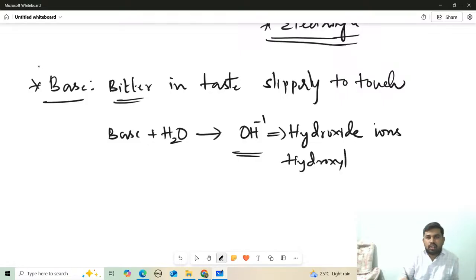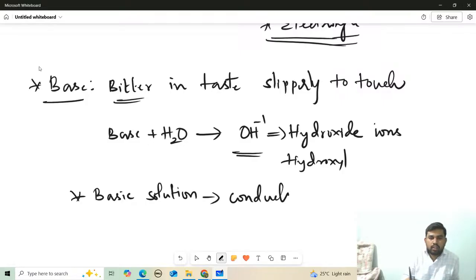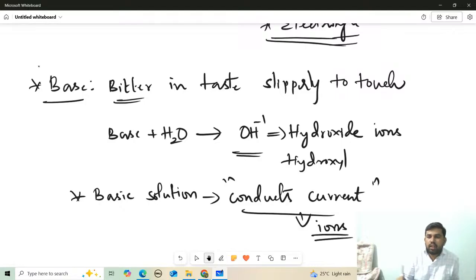This is about bases, and basic solutions also conduct current. Solutions definitely have ions, which makes the solutions conduct electricity. So this is a brief about acids and bases.